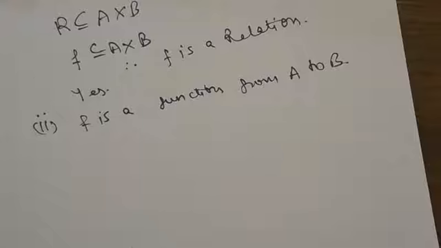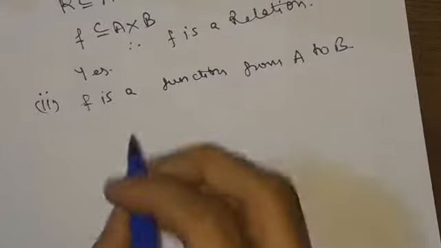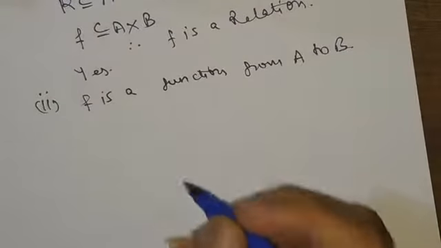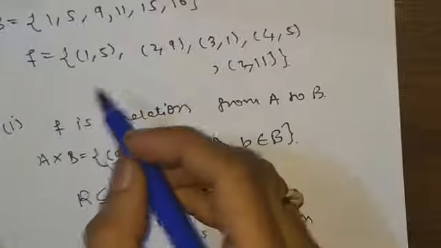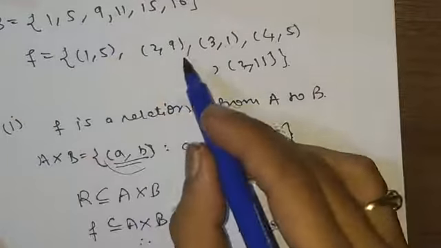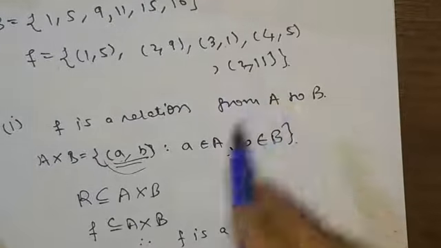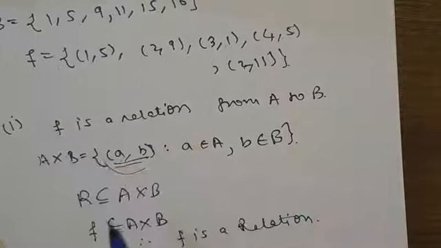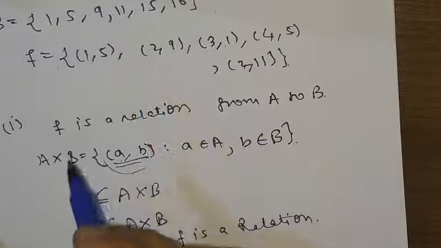So that is the meaning of a function. If you look at this, you have (1, 5), (2, 9), (3, 1), (4, 5), (2, 11). That is the relation we have just seen.